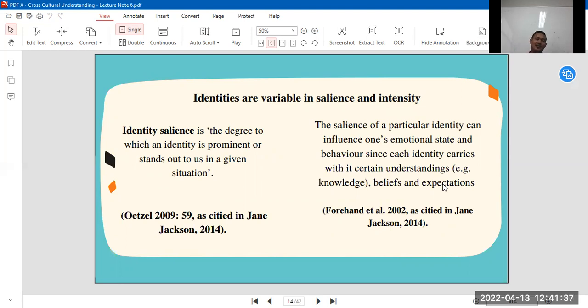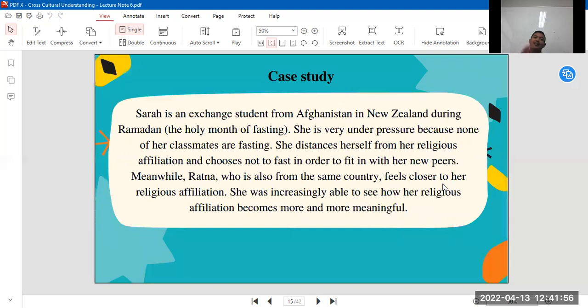And the salience of a particular identity can influence one's emotional state and behavior, since each identity carries with it certain understandings, let's say knowledge, beliefs, and expectations. Let us learn from this study. It will give us more information about this identity.